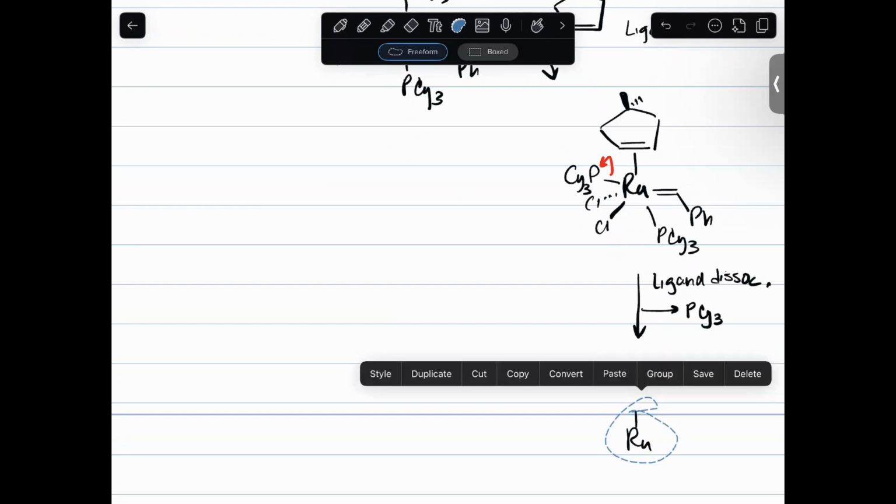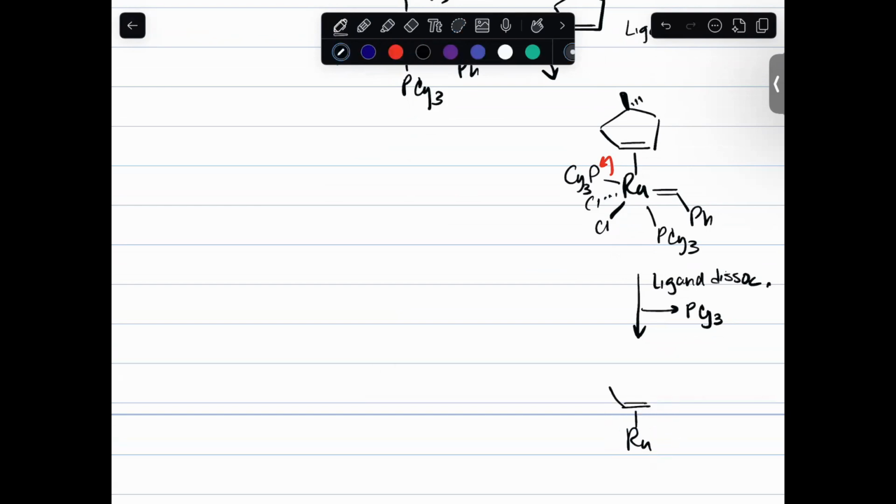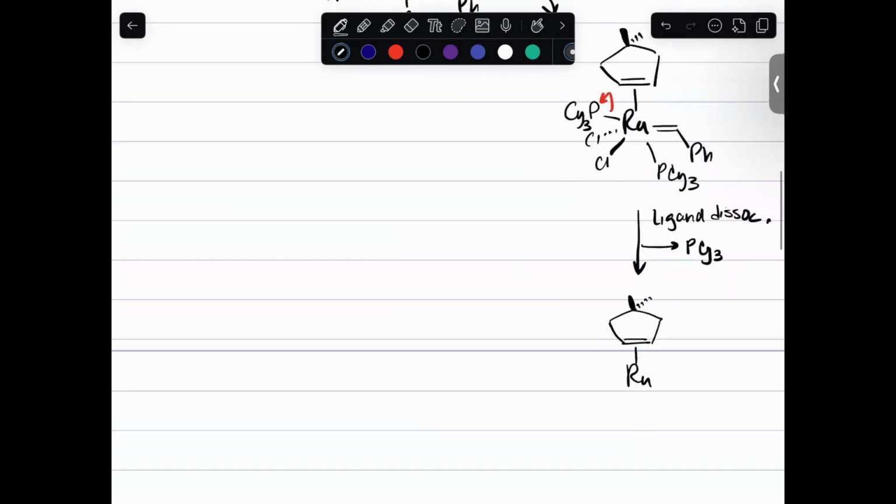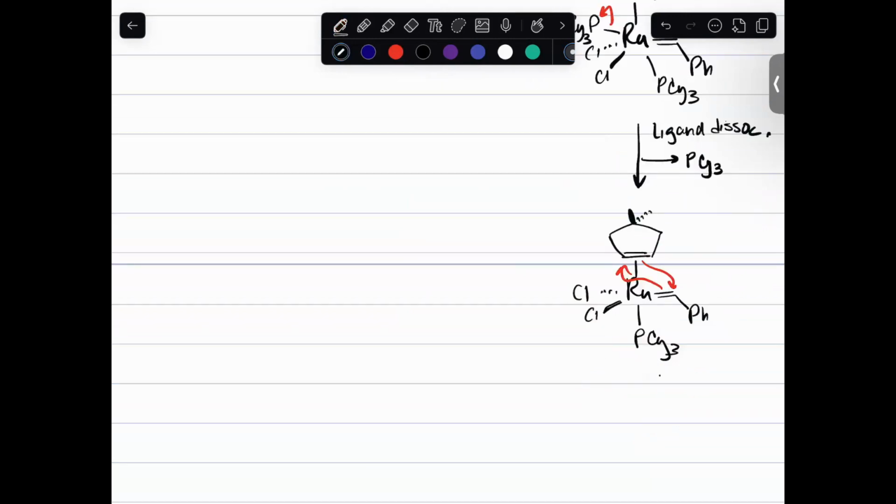Exactly the same first two steps. Next step, just like with ring closing metathesis, we've got our pseudo-migratory insertion, where we form our four-membered ring.